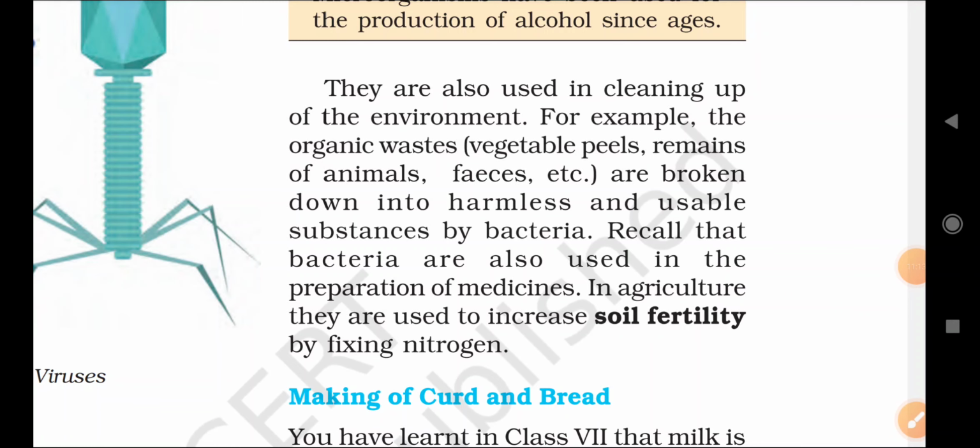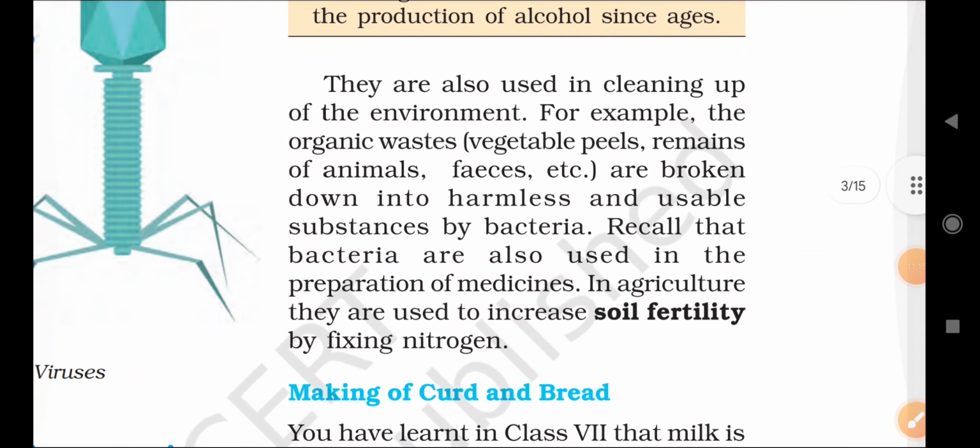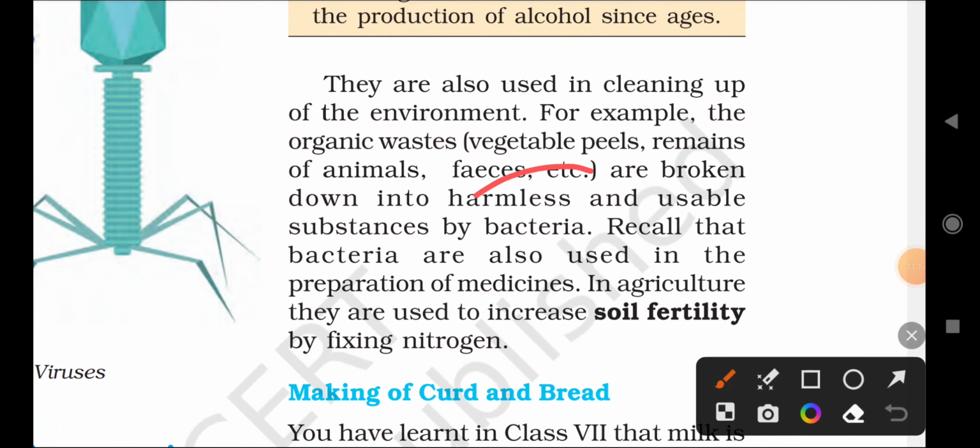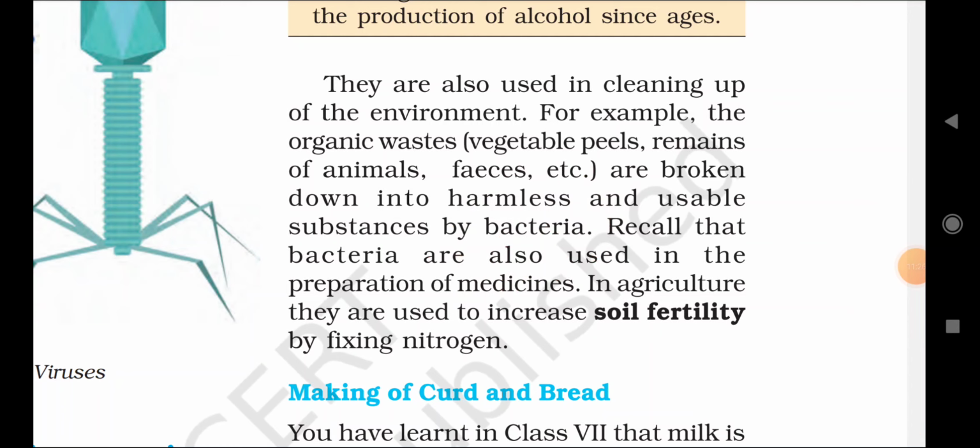That is broken down by bacteria. Whatever substance is broken down is by the help of the microorganism called bacteria.